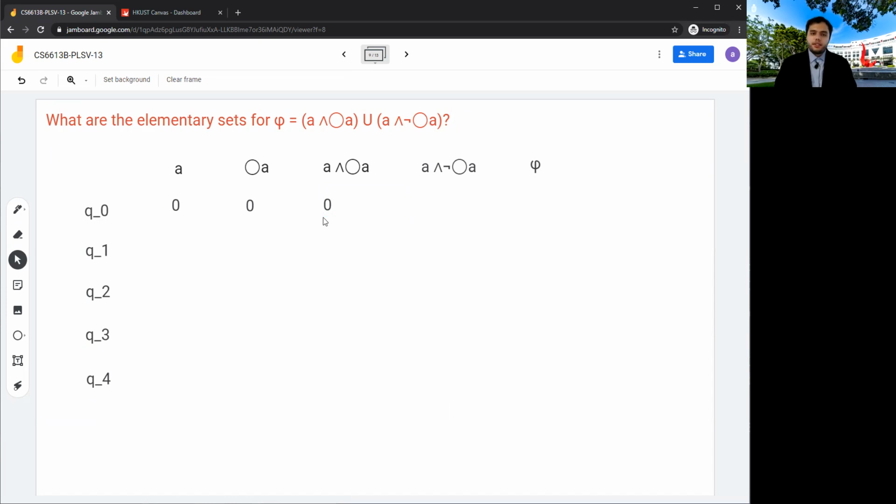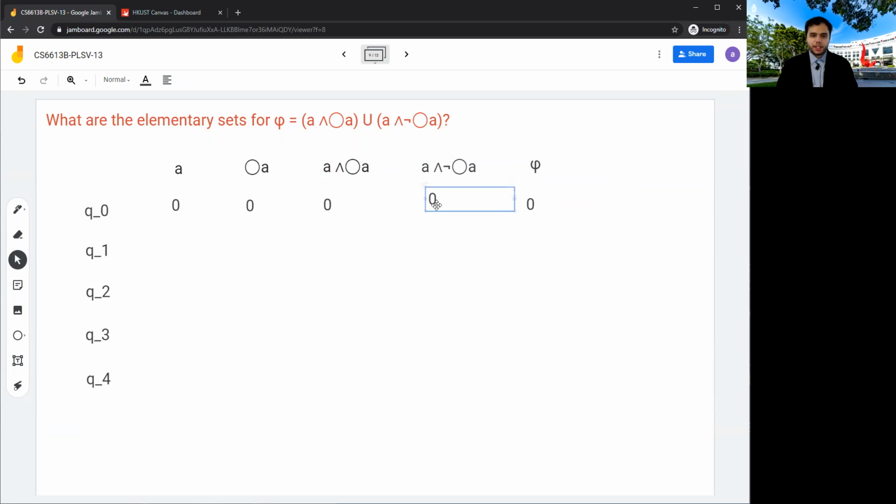And so what about this one? So again, because I don't have A, I cannot have A and anything else. So I don't have this one either. Would I then have phi? Well, note that phi is basically this one until this one. And I don't have either one of these, so I cannot have phi either. Okay.